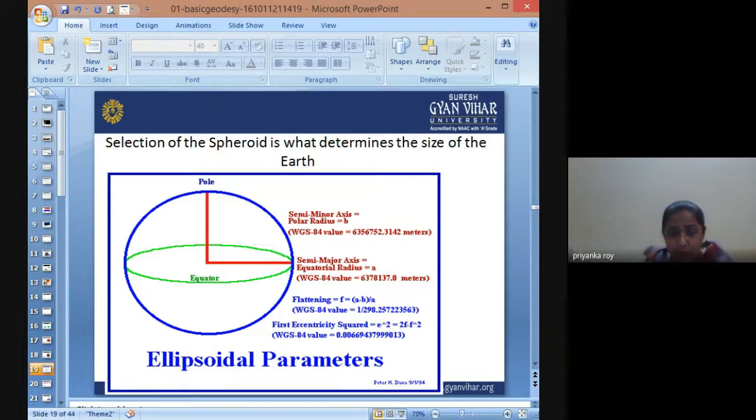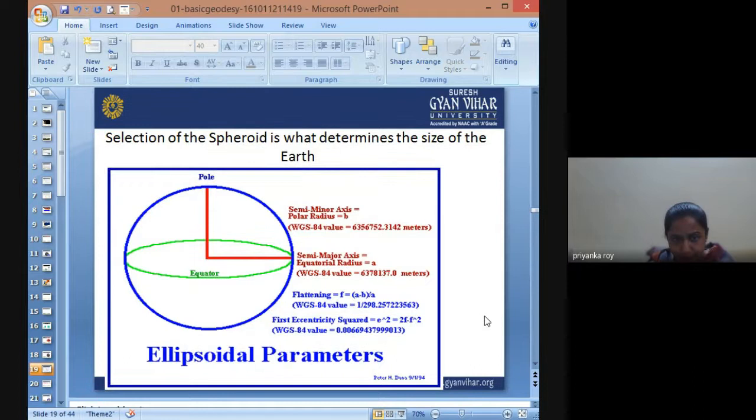By the WGS 84 value, it is almost 64 thousand meters here, and also about 64,000 meters there. These are the ellipsoidal parameters.